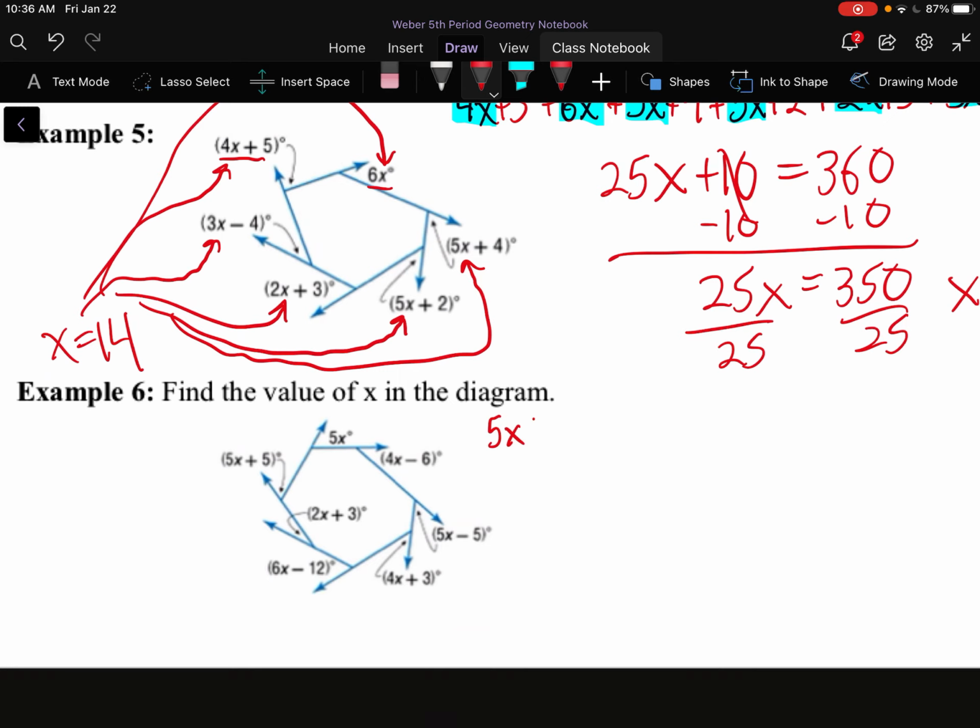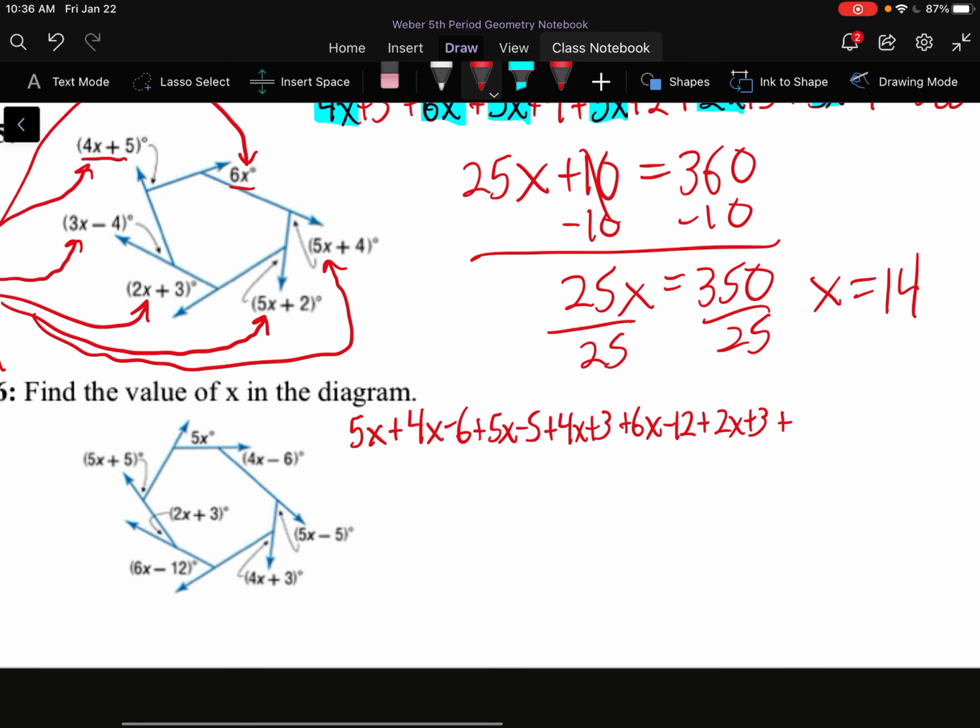So I'm going to add up all my angle measurements together, 5x and then a 4x minus 6 plus a 5x minus 5 plus a 4x plus 3 plus a 6x minus 12 plus a 2x plus 3 and finally plus 5x plus 5, and all this equals 360 degrees.